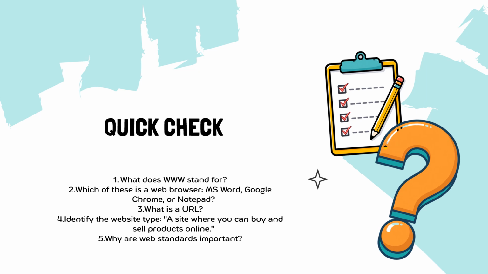Okay, so let's check your answers. Number 1, www stands for World Wide Web. Number 2, which of these is a web browser? It's Google Chrome. Number 3, what is a URL? A URL, or Uniform Resource Locator, is the address of a resource on the web.